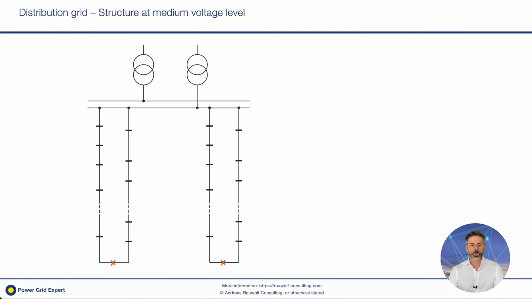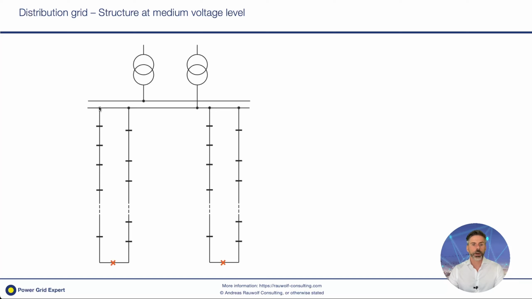And this is shown here in a more technical drawing. So we have transformers. Sometimes we have redundancies. So in this case, we have two transformers. So if one transformer has a problem, we can switch over easily to the reserve transformer, or both are running in parallel. We have a bus bar within the transformer station, and we have so-called feeders.